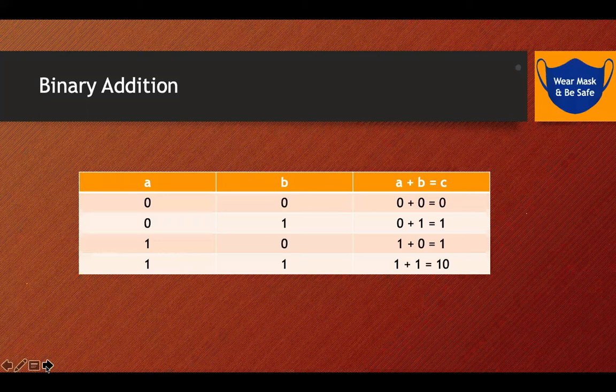And when we add 1 plus 1, the answer will be 10. You might be thinking how? Because in a binary number, 2 is not there. Only 2 digits are there, 0 and 1.